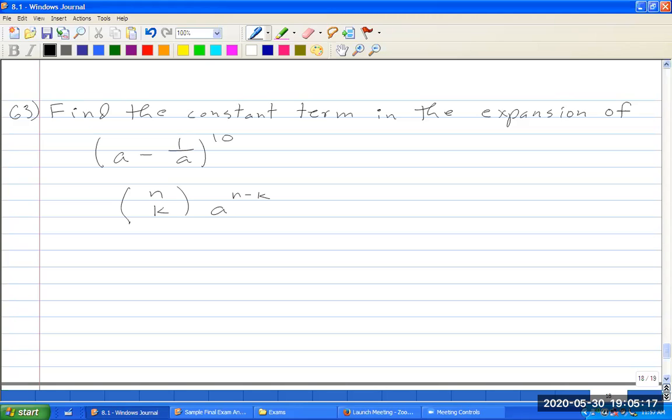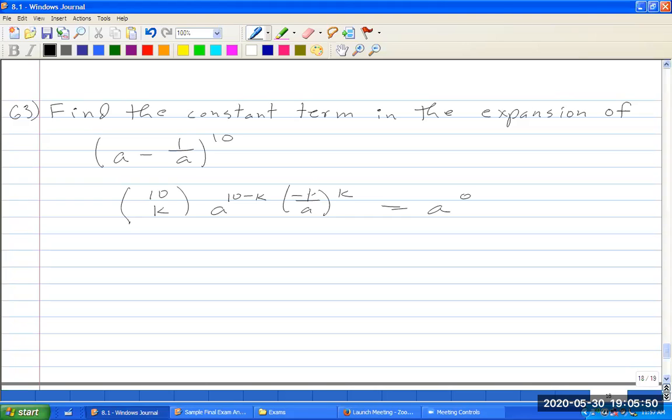And I want it to be a constant term. So it means that I don't want any powers. Let's actually do this expansion. Each term in your expansion is going to look something like this. And at the end, I want it to not have any powers of a.